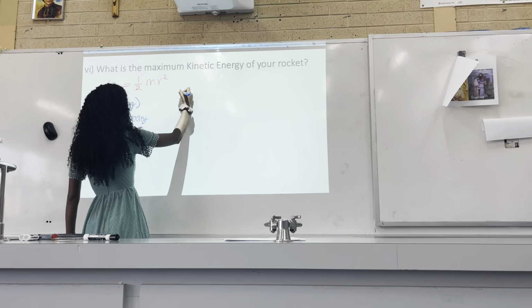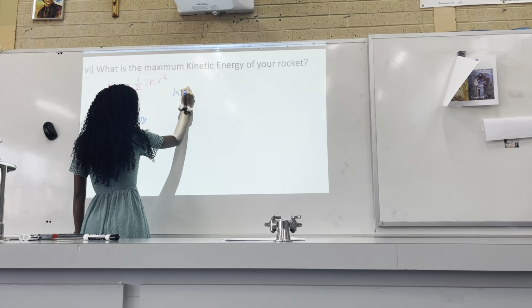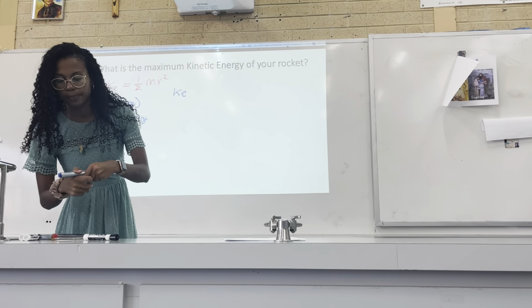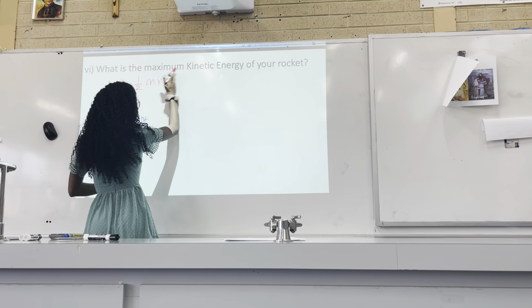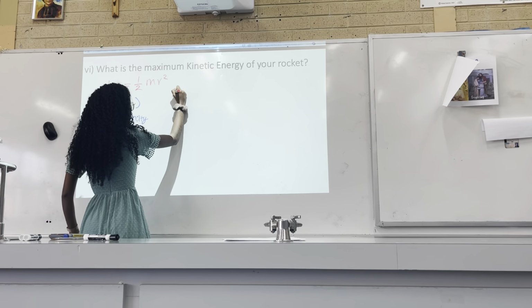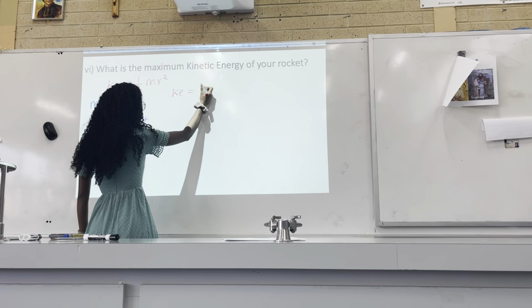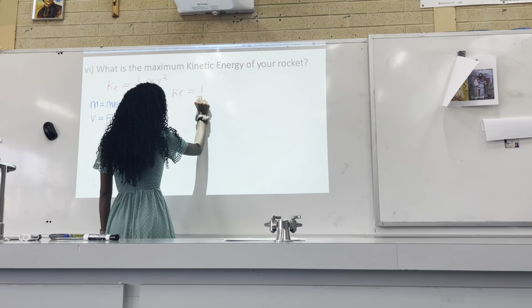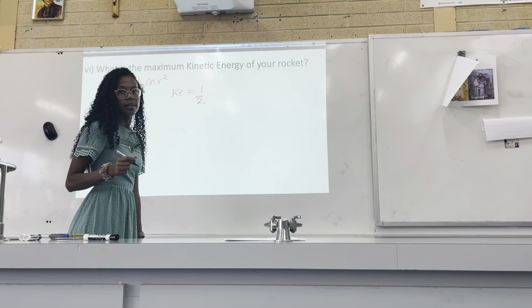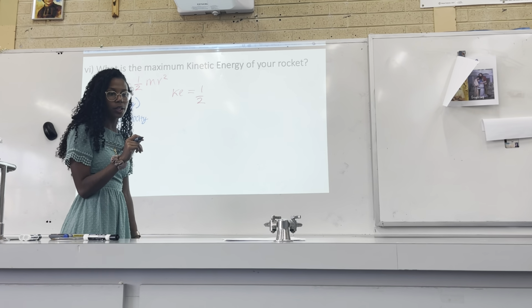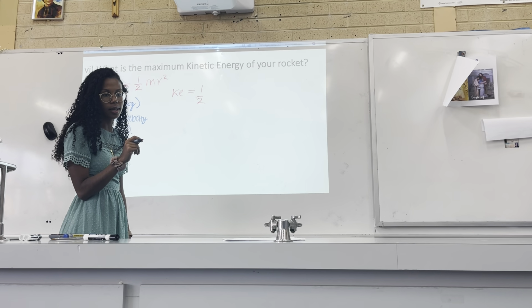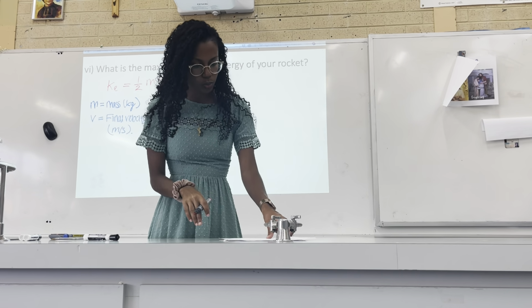So let's input it in. So we will go KE, different color. We would go KE is equal to 1/2 times the mass. Now we will use that same mass that we used last question, which, what was it?